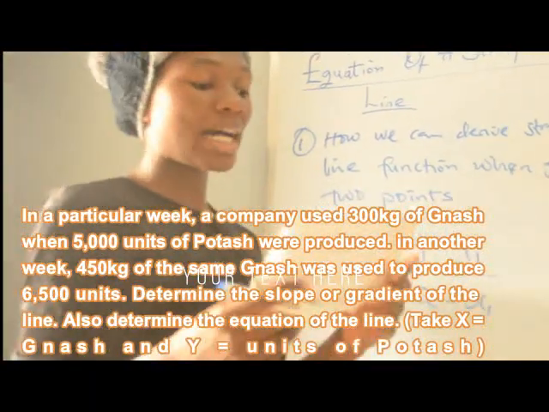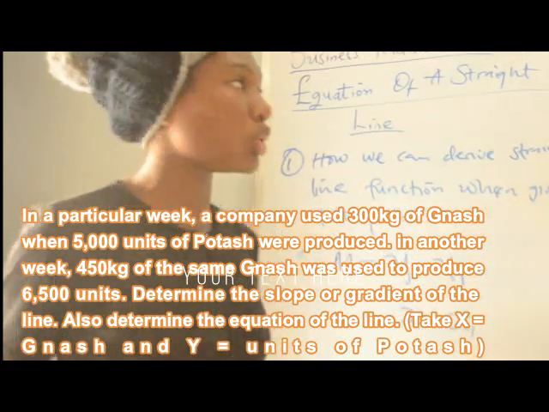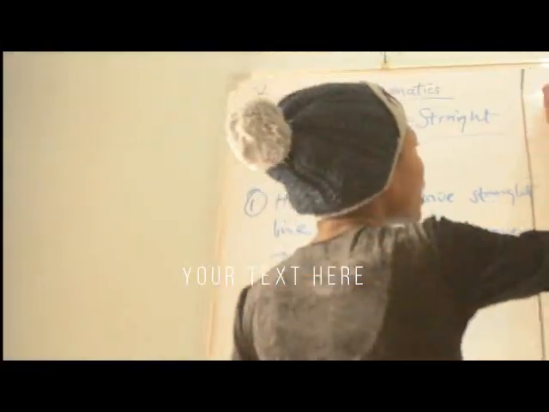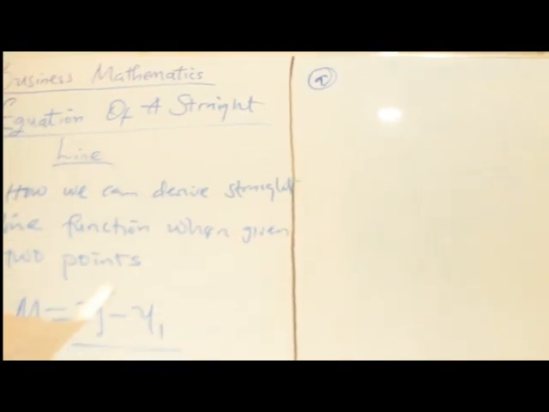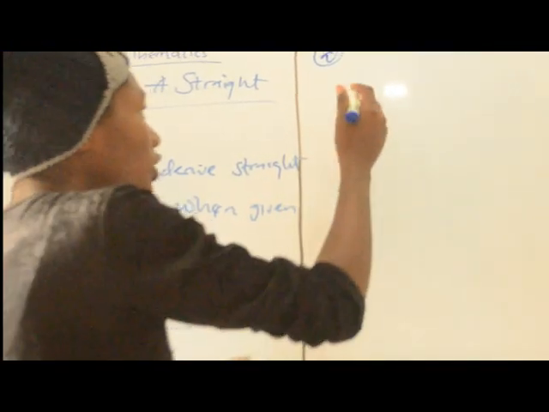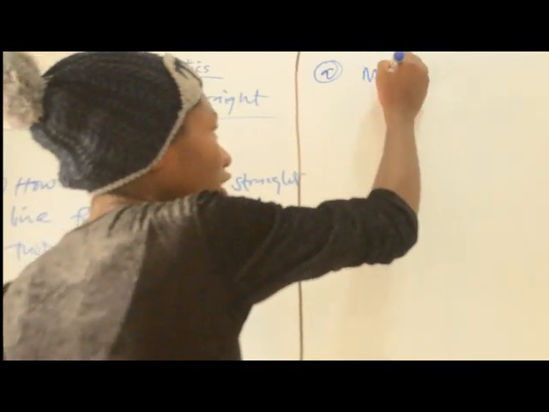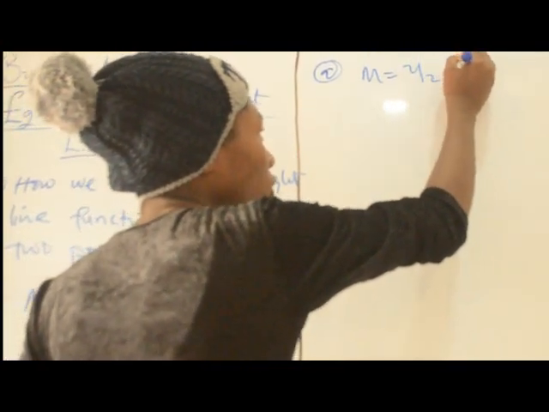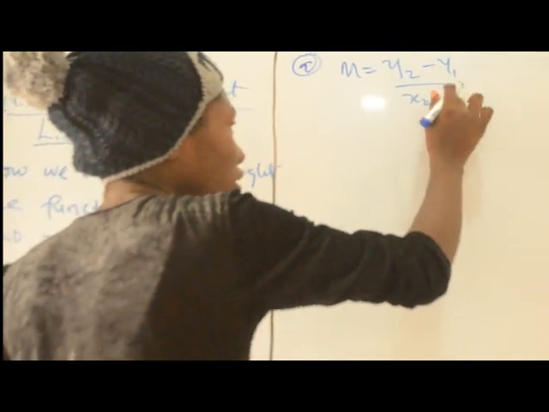Now we are given that our x is equal to our nash and our y is equal to our units of potash. For part a, we are asked to determine the gradient of the line. And I told you the formula for gradient is that our gradient is equal to y2 minus y1 over x2 minus x1.